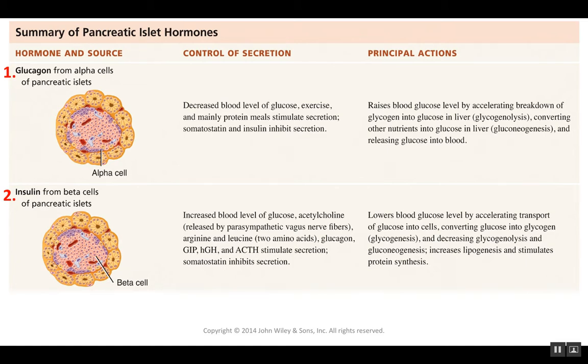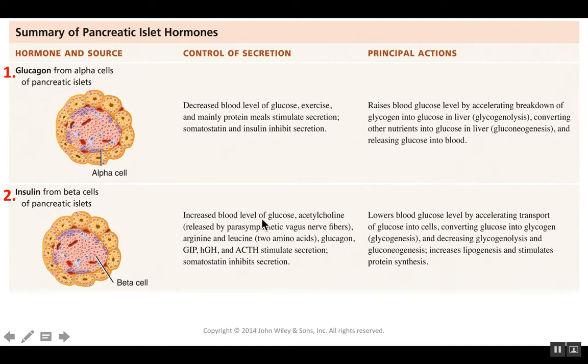So if you notice, the stimulus is completely opposite for each of these hormones. The stimulus for the production of glucagon is low blood sugar, whereas the stimulus for insulin production is high blood sugar.